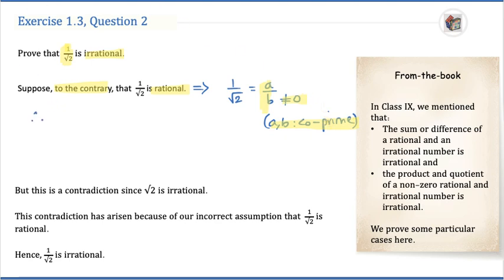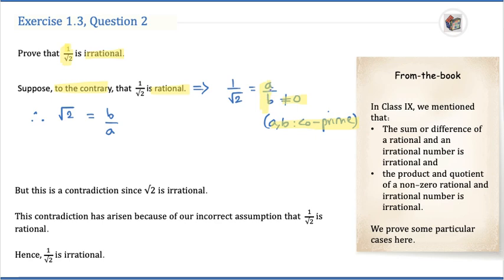Now from this what you can do is you can find out square root of 2. So really if this is 1 over square root of 2, then you're just taking the reciprocal. So square root of 2 will be equal to b by a. Now whenever you write this, the rule is that the denominator should not be 0. Right now from here I can't explicitly see it mentioned that a is not 0.